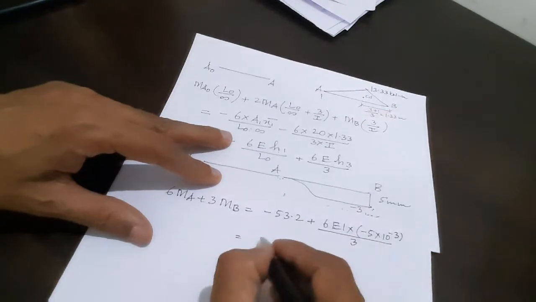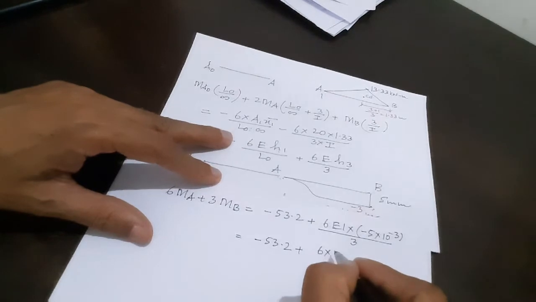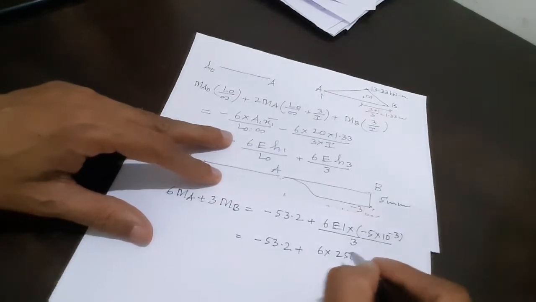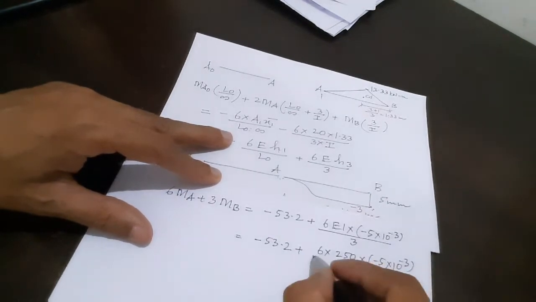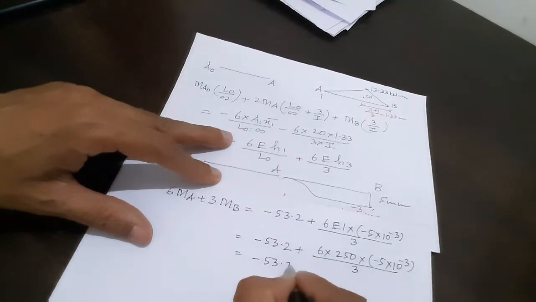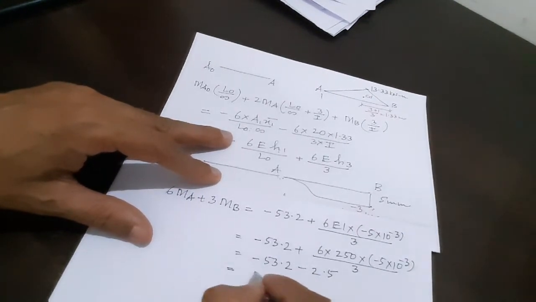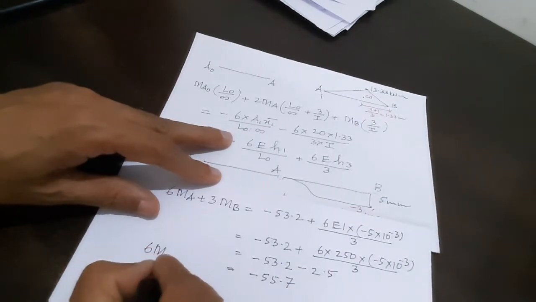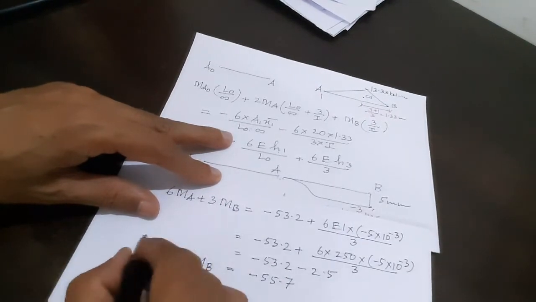I am putting the value of EI: minus 53.2 plus 6 into EI value is 250 into minus 5 into 10 to the power minus 3 divided by 3. So that comes out to be minus 53.2 minus 2.5, which comes out to be minus 55.7. 6 MA plus 3 MB is equal to minus 55.7.